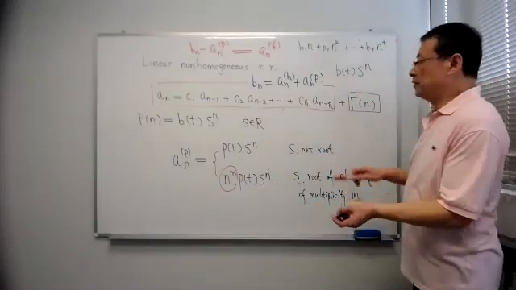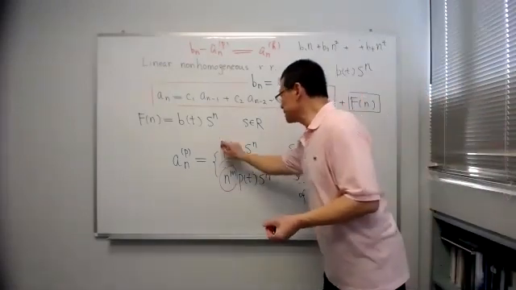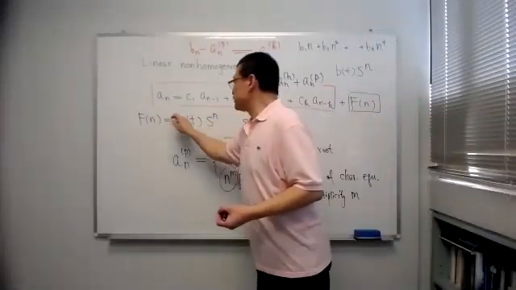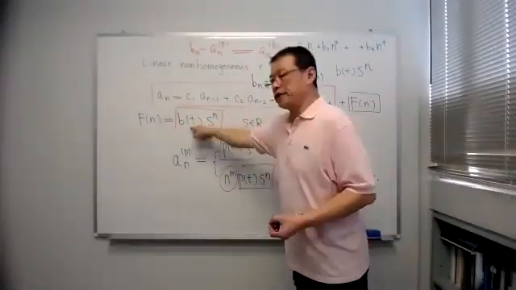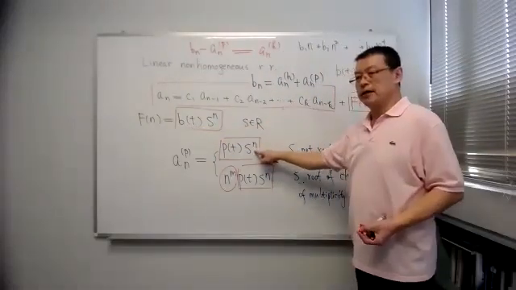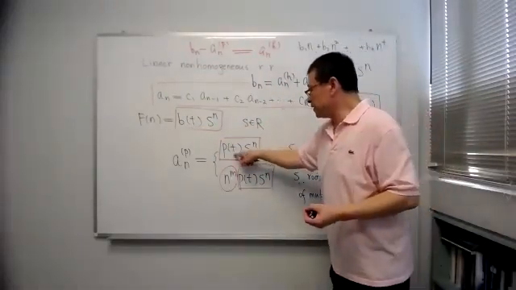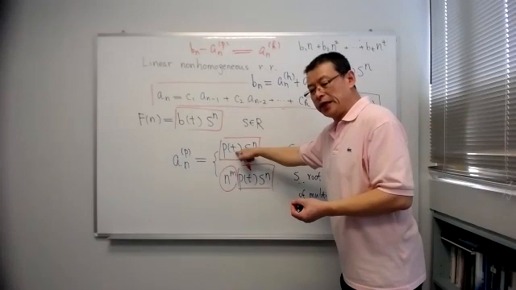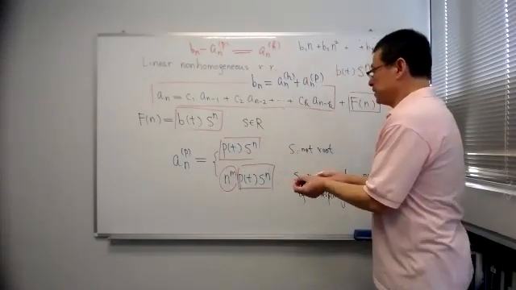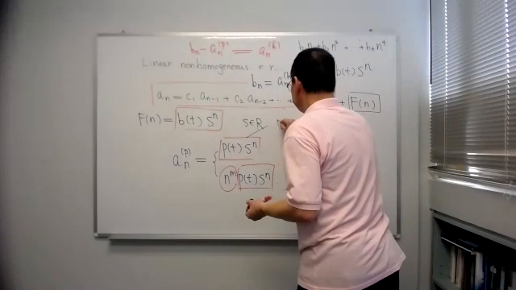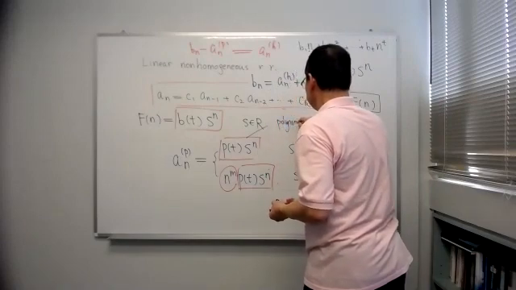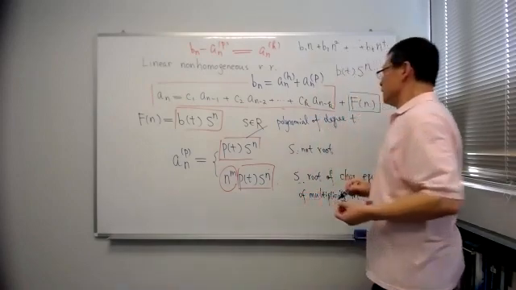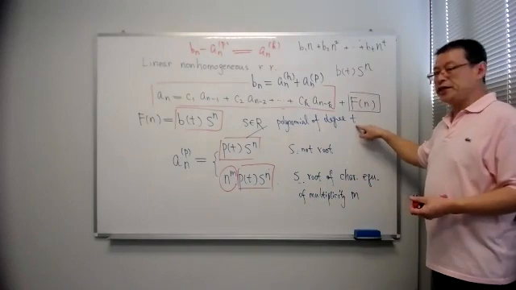Now, the form of the particular solution is exactly the same as the form of this one. It's a polynomial of degree t times s to the power of n. Here, p of t denotes a polynomial of degree t.